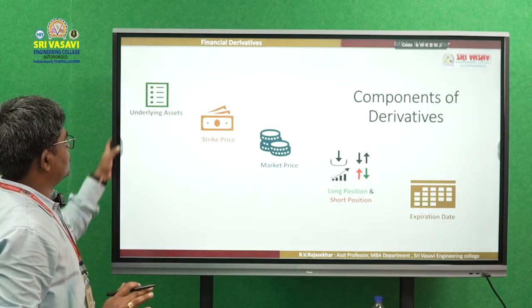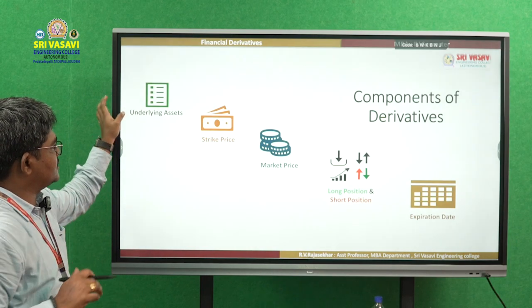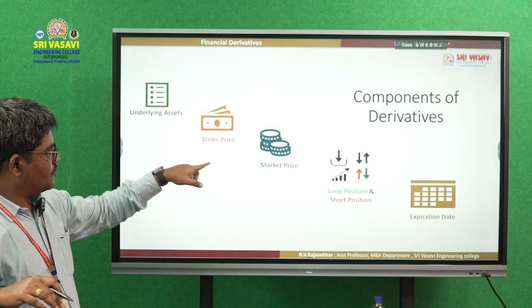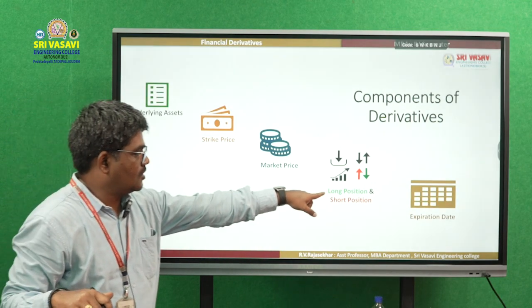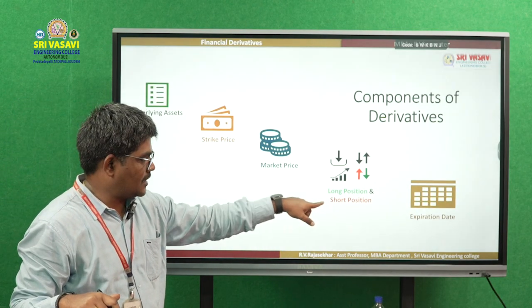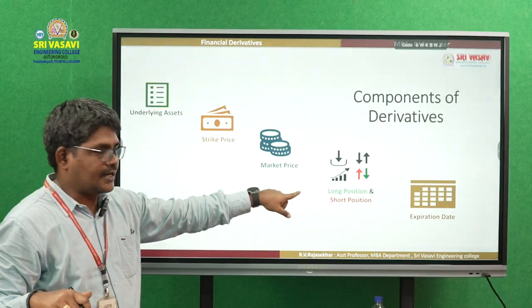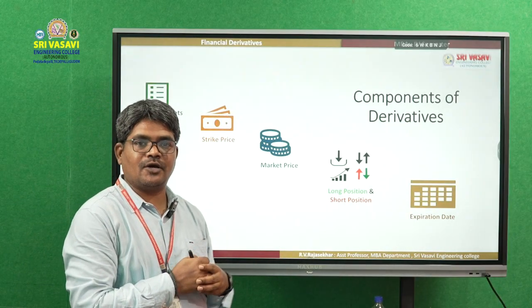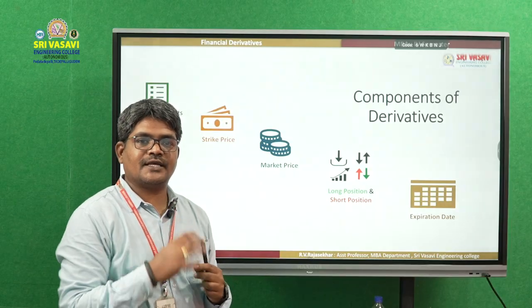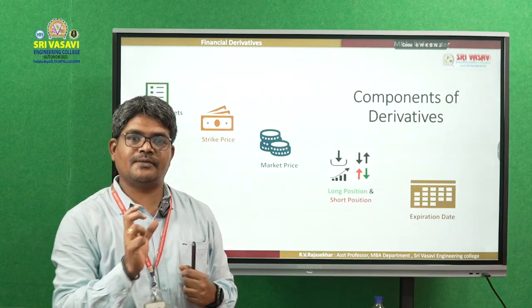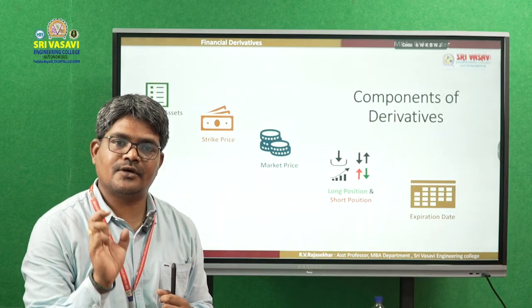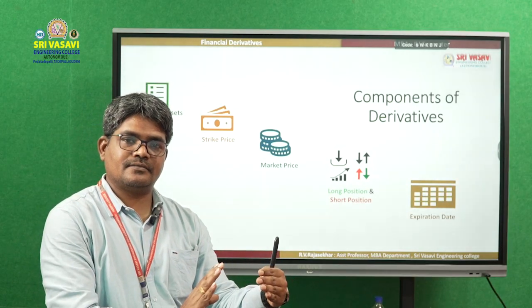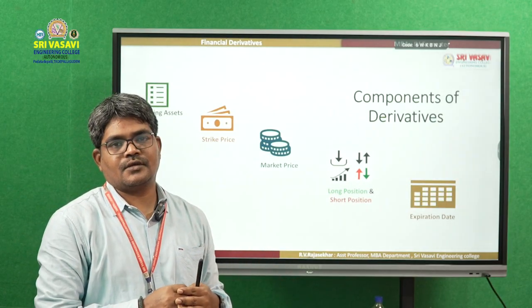The components of derivatives: underlying asset, for our example wheat itself; strike price, in our example 2,750; market price 2,900; long position and short position, short held by Ramu, long held by the Atta company; and expiration date, which means 180 days from now. This is for an example of wheat.